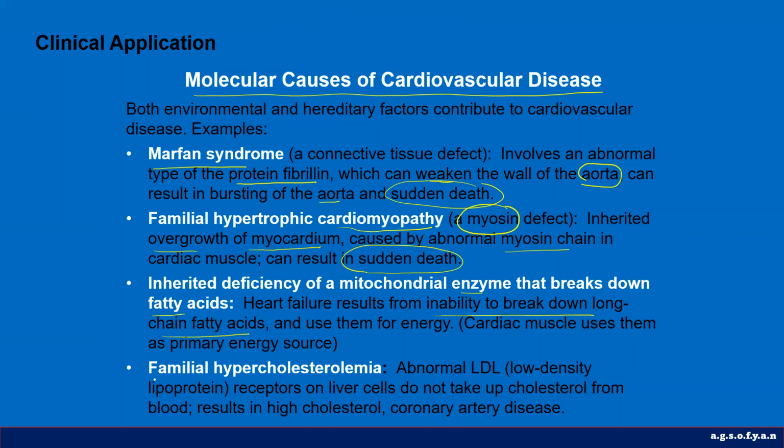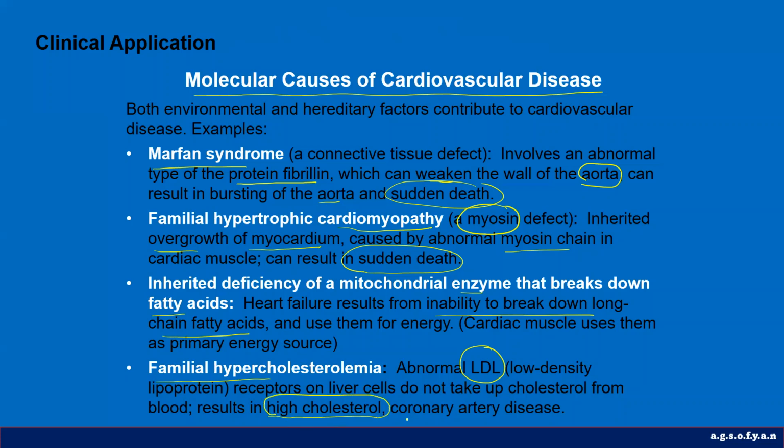And the last one is familial hypercholesterolemia. So this is a genetic or inherited disease that causes some people to have an increase of LDL, low density lipoprotein, or the bad cholesterol, and then it causes high cholesterol levels in the blood.